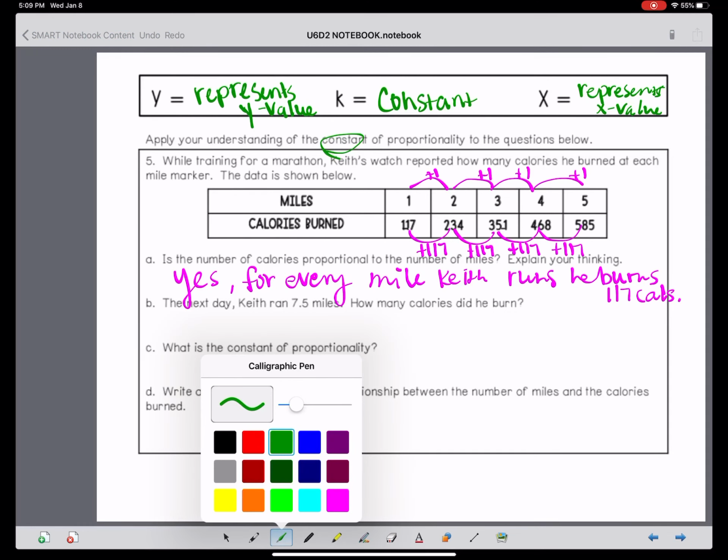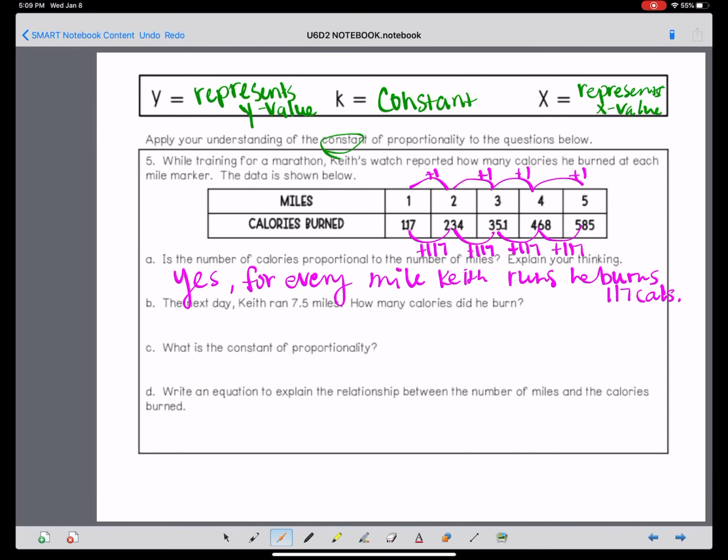When we're looking at our table, it's important to remember that the top values are going to be your X's and the bottom values are going to be your Y's. So use this when you go to write out any equation or to find your constant.